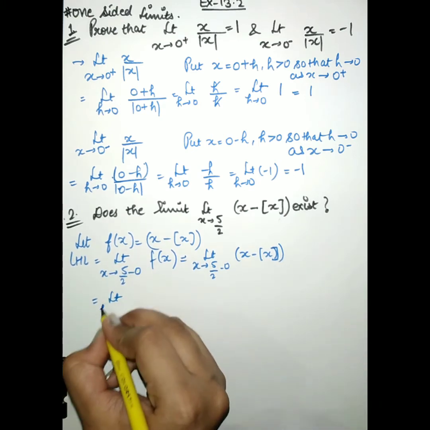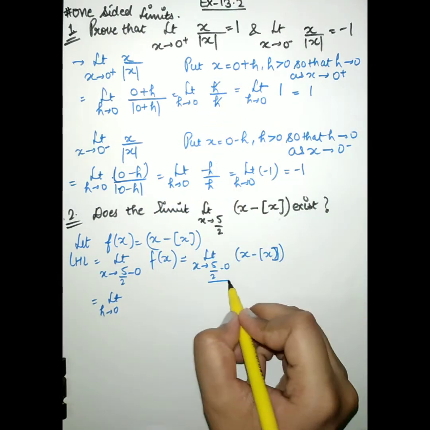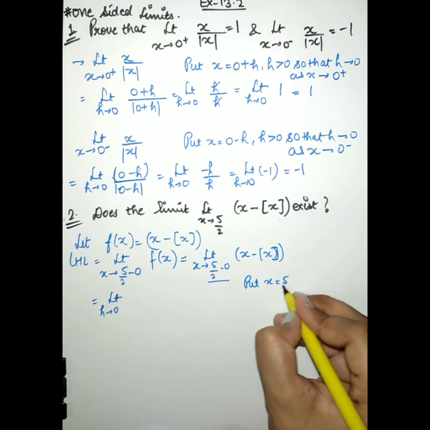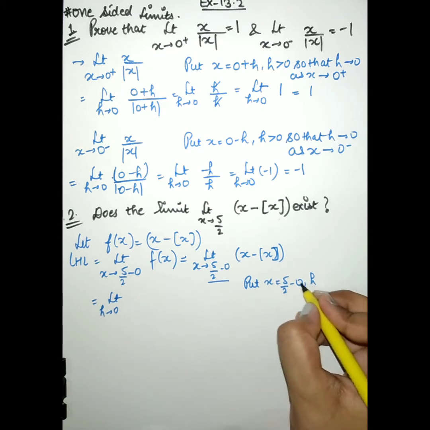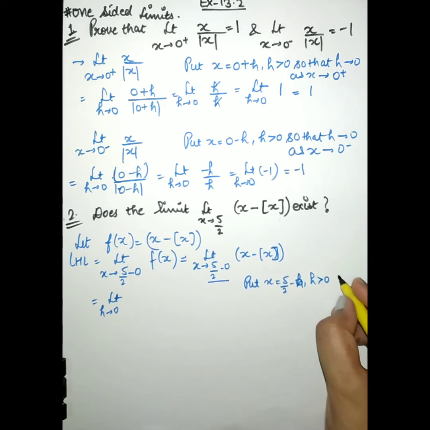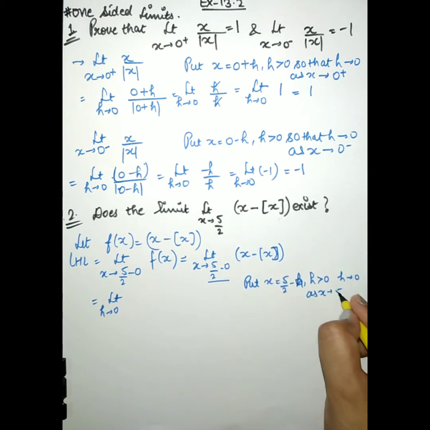By putting the value of x, put x equals 5 by 2 minus h, where h is greater than 0, so that h approaches 0 as x approaches 5 by 2.